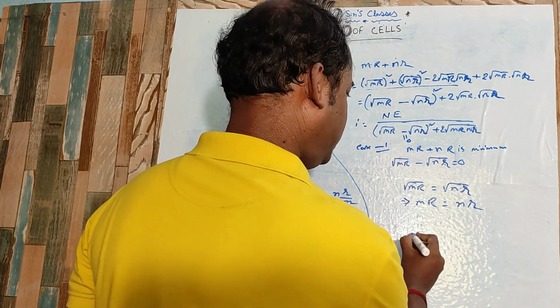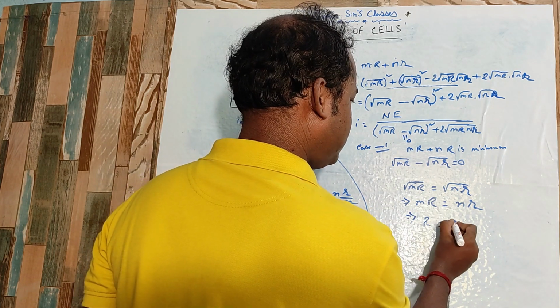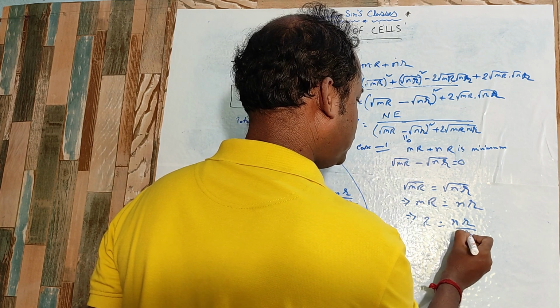So that is the external resistance R equals N into small r by small m.